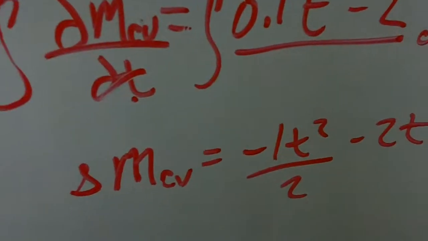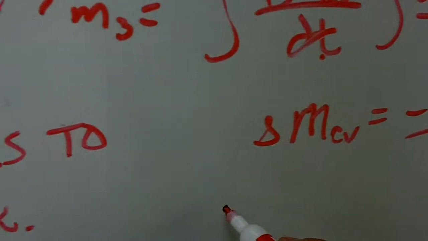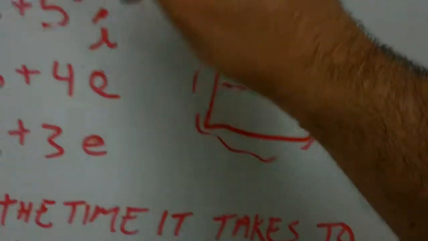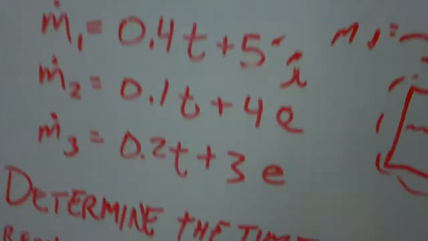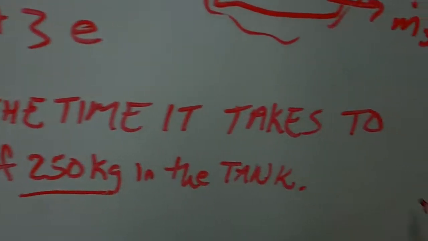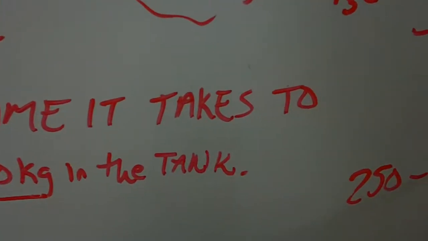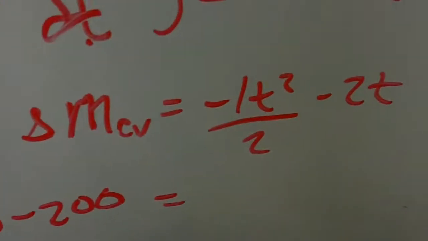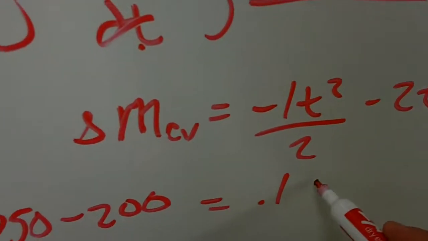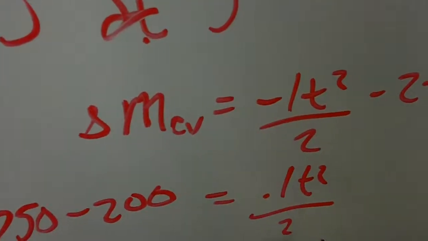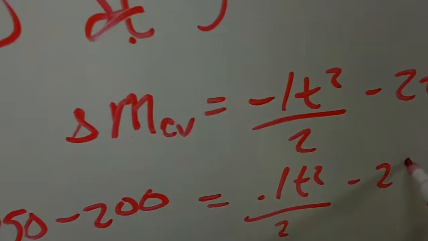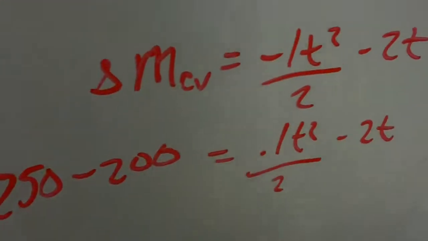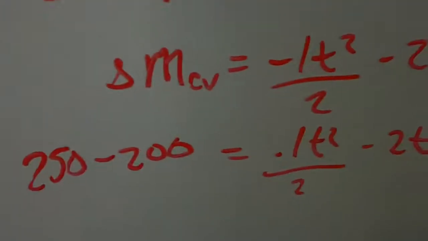At this point, we go ahead and solve for the change in mass. Our mass was originally 200 kilograms, and we wanted to end up at 250, so 250 minus 200 is equal to 0.1t squared over 2 minus 2t. At this point, we go ahead and solve for t.